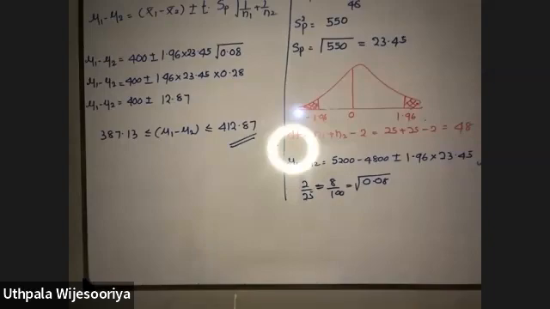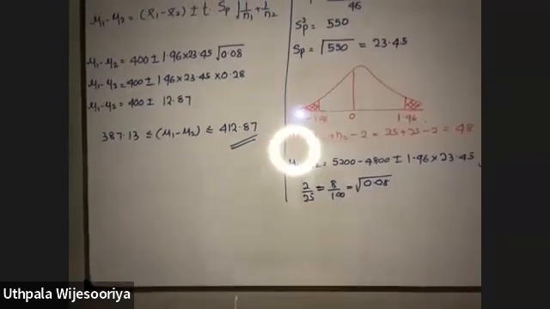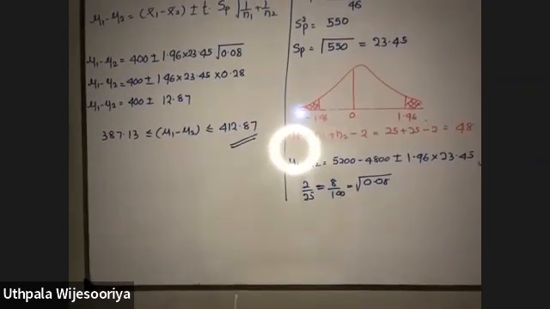If you make a 60% confidence interval, that is not valid. So we introduce our confidence level with a number greater than 90 or 95.